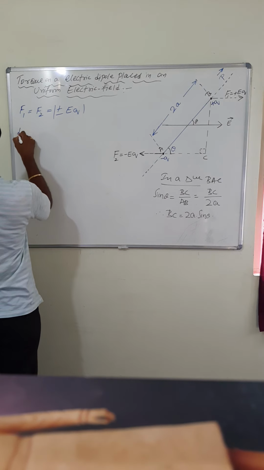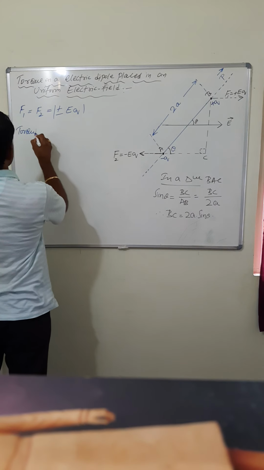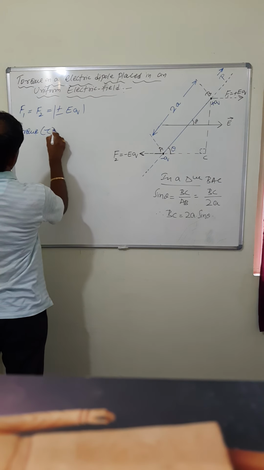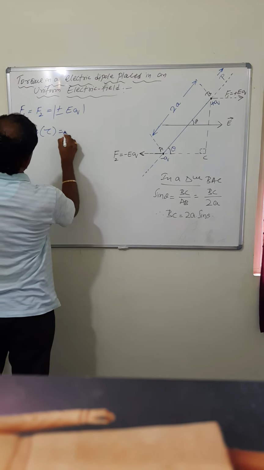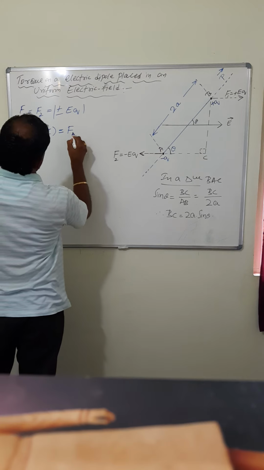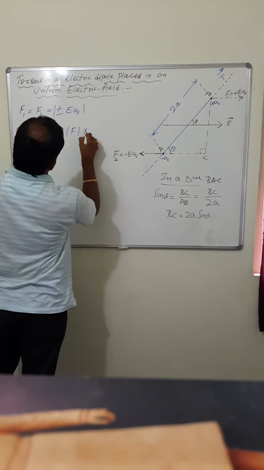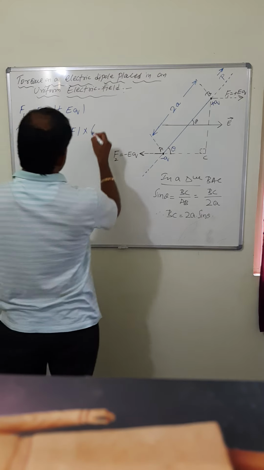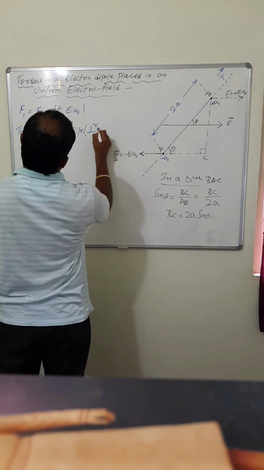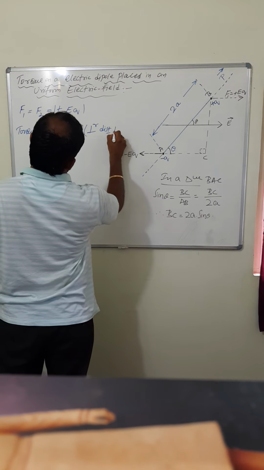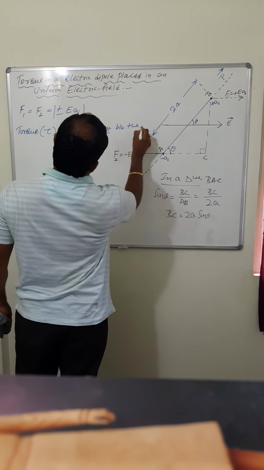Therefore, from the definition of torque, what do you mean by torque? Torque, tau, this is the symbol tau, is equal to the magnitude of force into the perpendicular distance between the two forces.